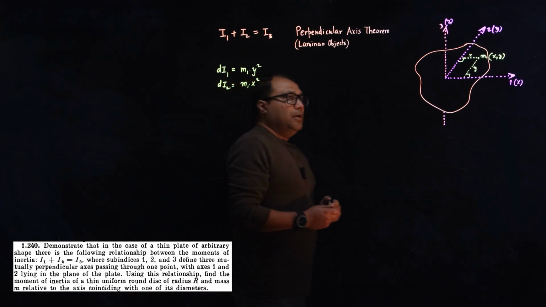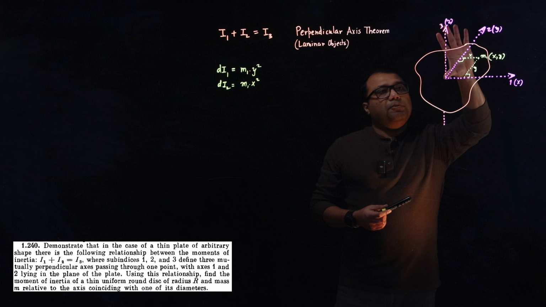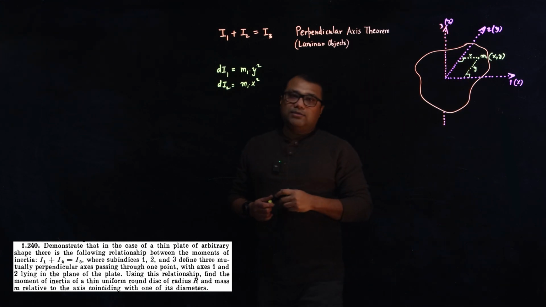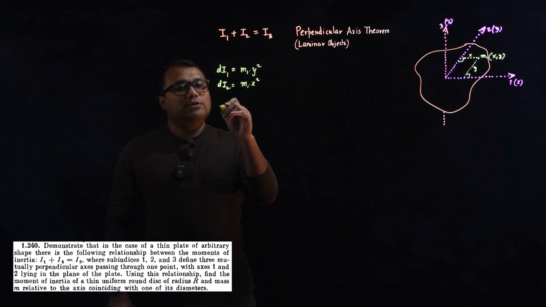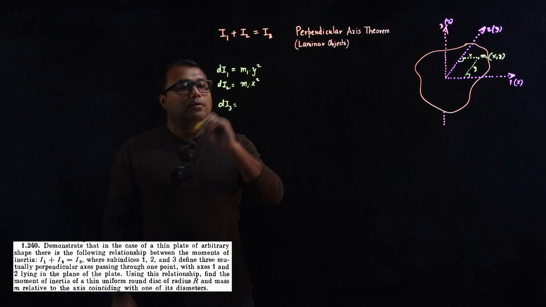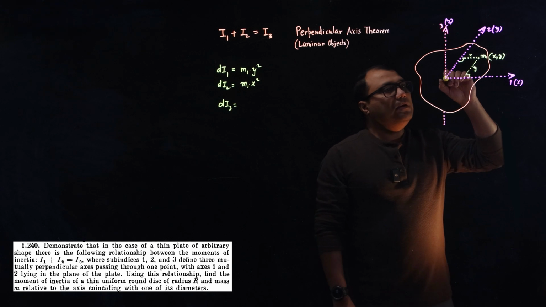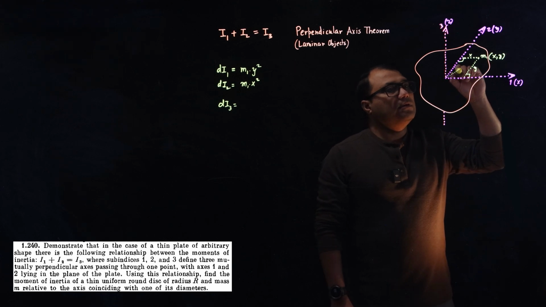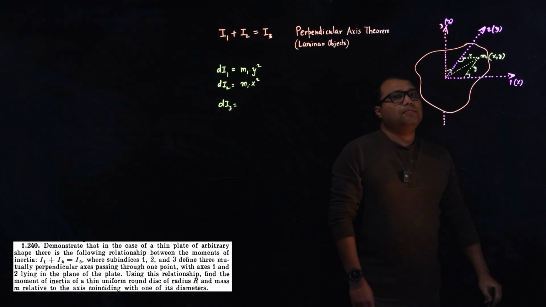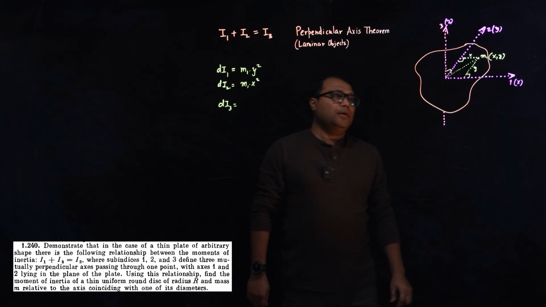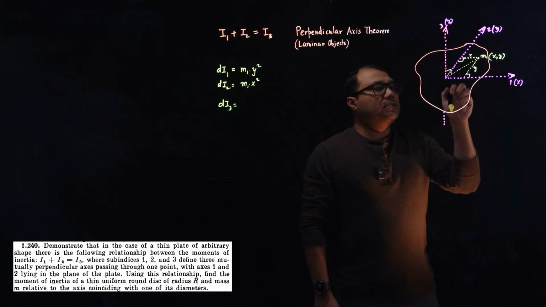Now to find the moment of inertia about axis 3, which I will call dI3, what do I need to know? I need to know the perpendicular distance from axis 3. Now how much is this perpendicular distance?